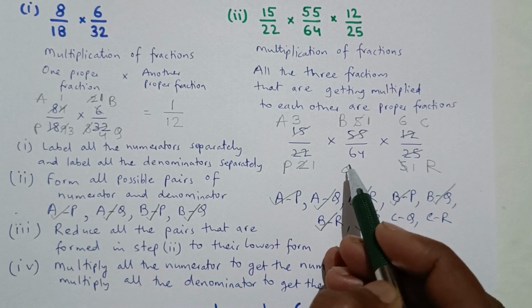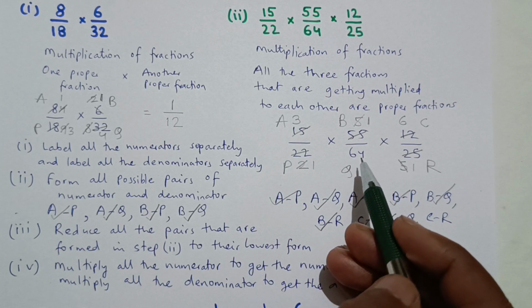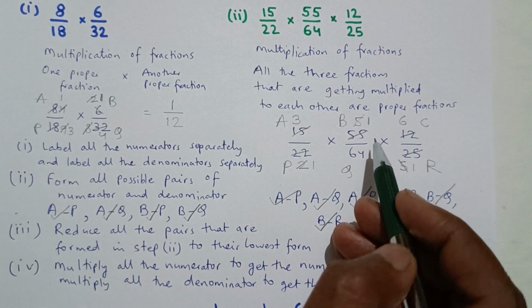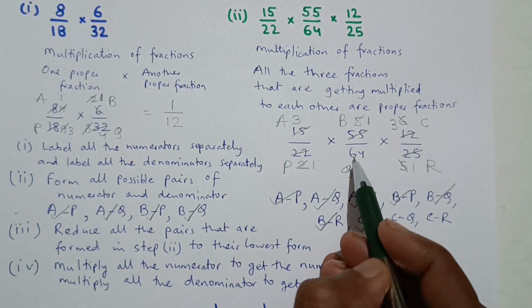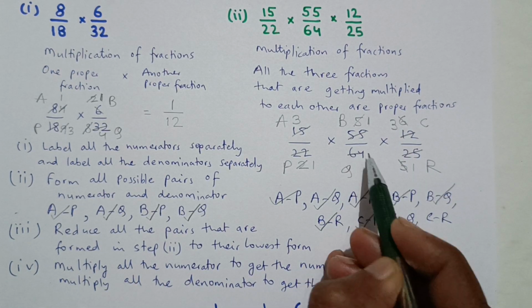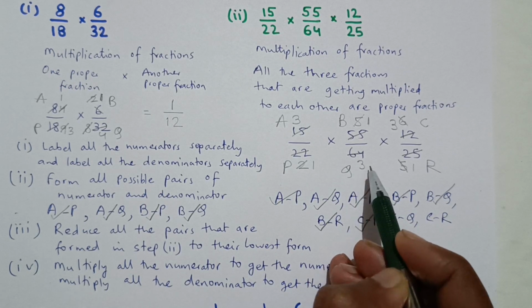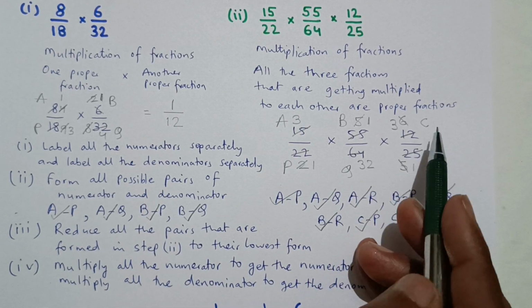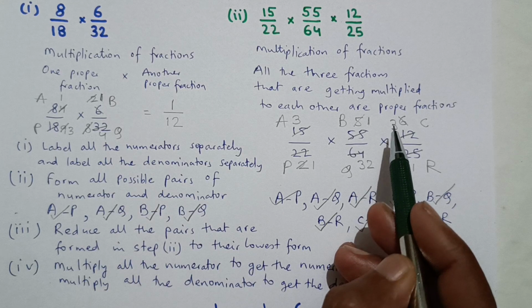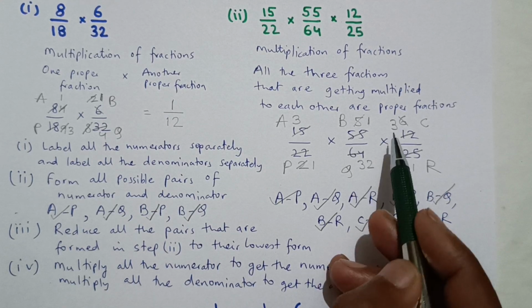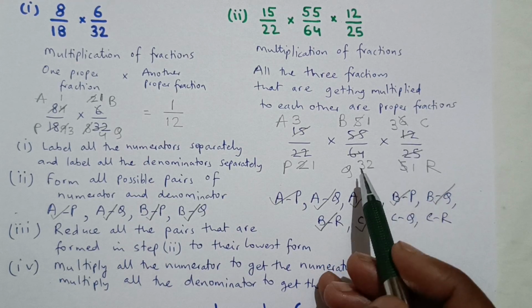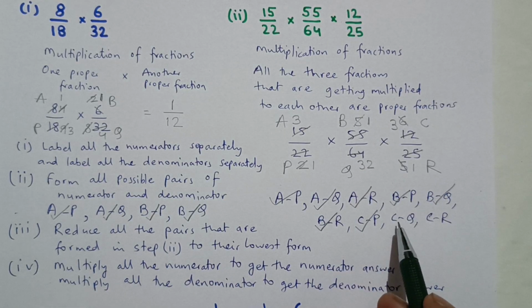So we can reduce it to its lowest form by dividing both of them by 2. 6 divided by 2 is 3 and 64 divided by 2 is 32. So CQ in its lowest form becomes 3 by 32. And now you cannot reduce it any further. 3 by 32 you cannot reduce it any further. So CQ has already been reduced to its lowest form.